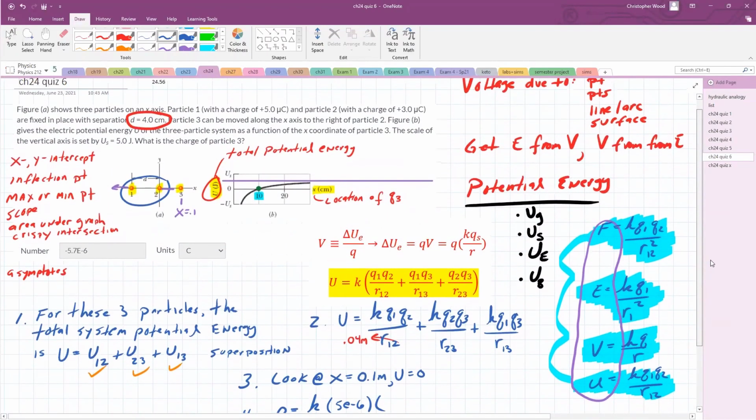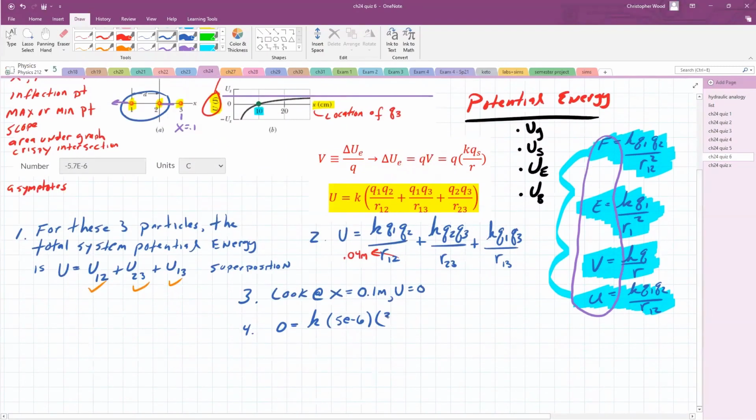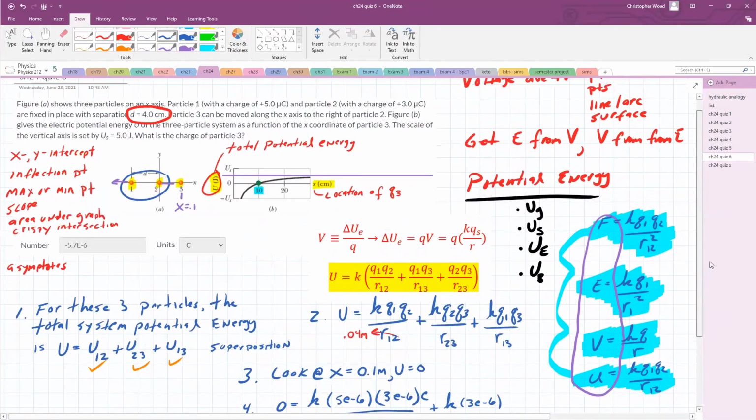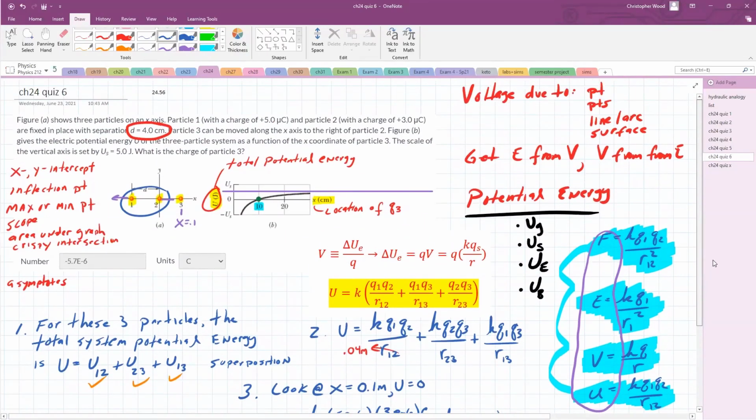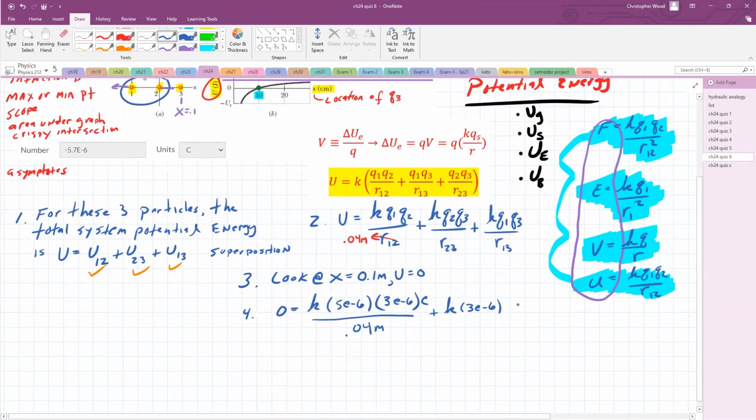Q2 is positive 3 microcoulombs, over the distance between 1 and 2, which, as mentioned, is 4 centimeters or 0.04 meters, plus K Q2, which was 3e minus 6, times Q3. Q3 is, I don't know. So I don't know what Q3 is. Just leave it as Q3.